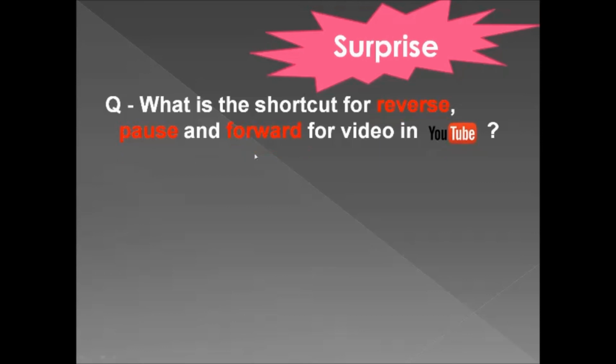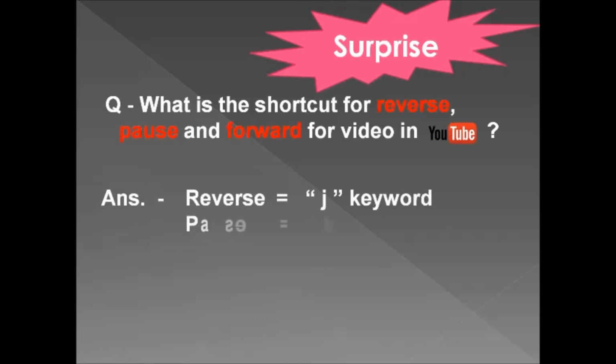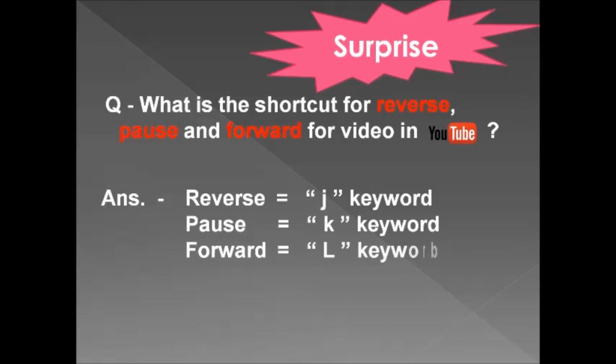So your answer is, for reverse, you can use the J key. To pause, you can use the K key. If you want to forward your video, you can press the L key. So let's move to the next.